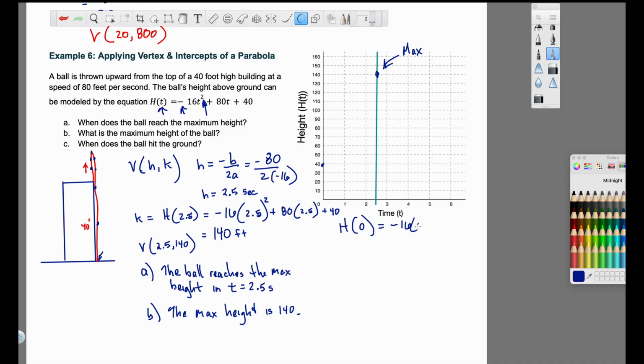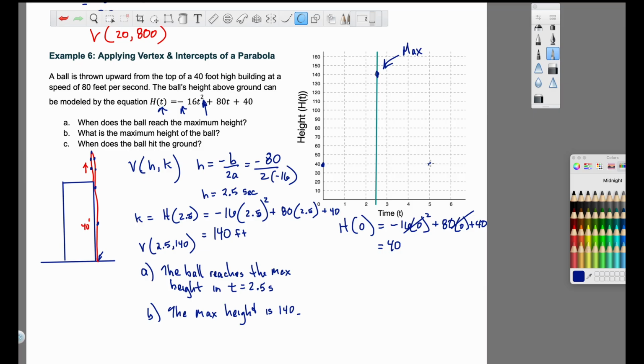I hope you see that all of this cancels, except for the plus 40 at the end. So my h of 0 is 40. That means at 0 seconds, I'm at 40. So this is the y-intercept right there.